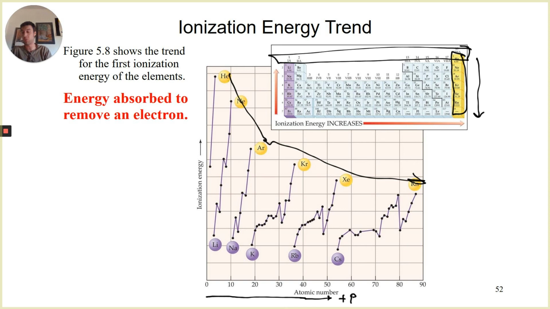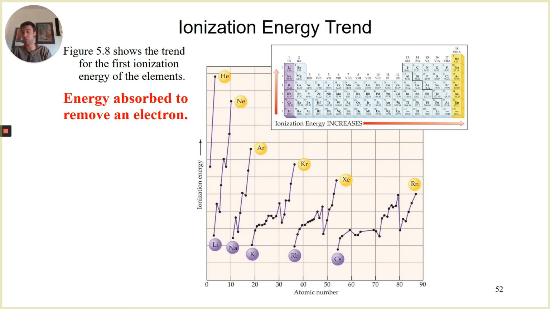So helium's going to require more energy. So the trends all fit on here and work out pretty well. It isn't perfect, and so what I want to draw your attention to are these little hiccups.